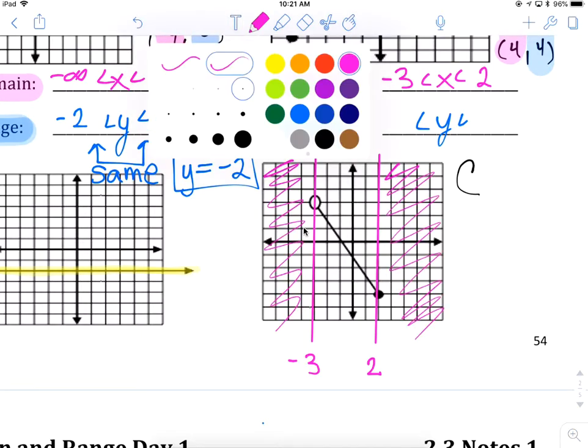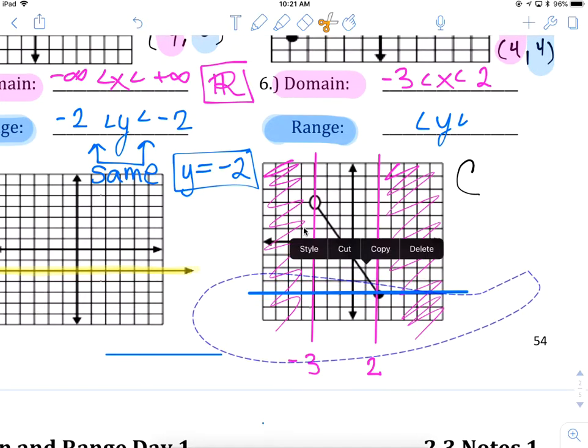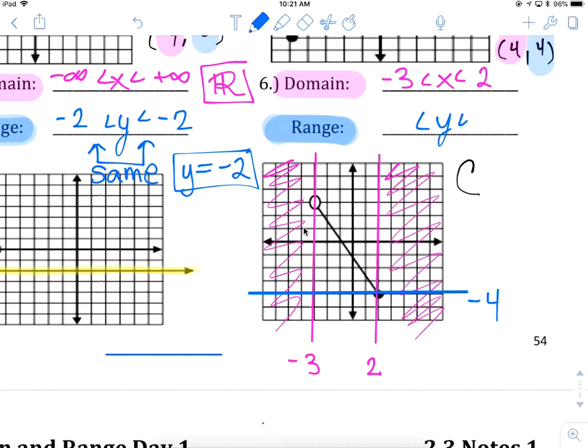Okay, for the y's, we're going to do bottom and top. Okay, so if I ask you on this first guy, did that graph get to -1, -2, -3, to -4? Right there. So -4 is the farthest down that my graph goes.